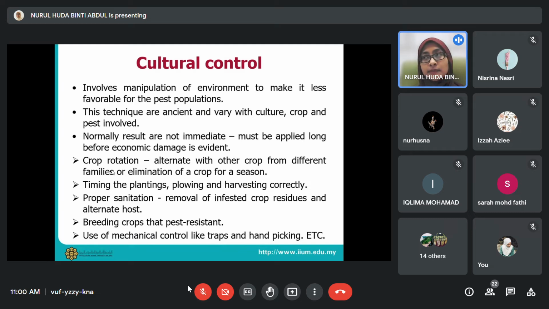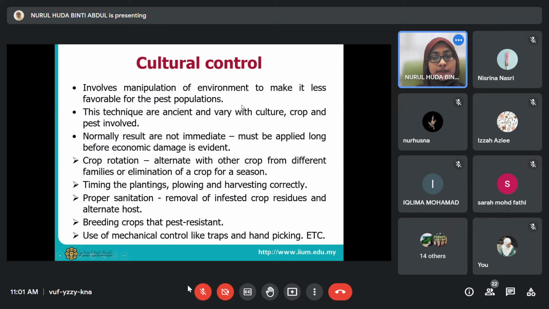Maksudnya kamu tak boleh tanam simultaneous planting mungkin to other crop as well. Okay, so it depends. And then proper sanitation, usually removal of infested crop residue and alternate hosts. Okay, and then you can also breeding crop that pest resistance. Okay, sekarang crop tu or plant tu yang resistance to pest, which is good for you. So kalau kita ada lagi banyak crops yang lagi resistance terhadap pest, then you can expect the good income or the good result or the good production lah.